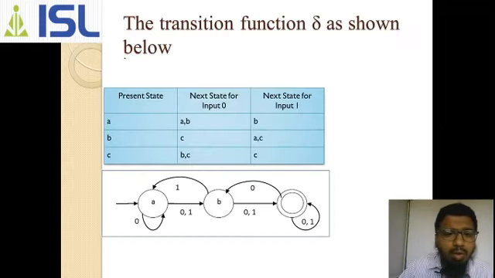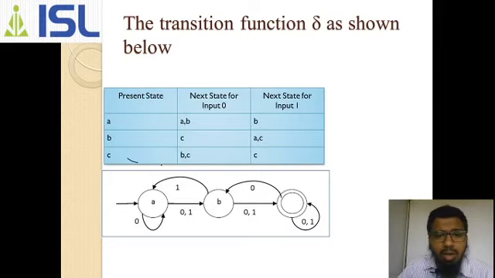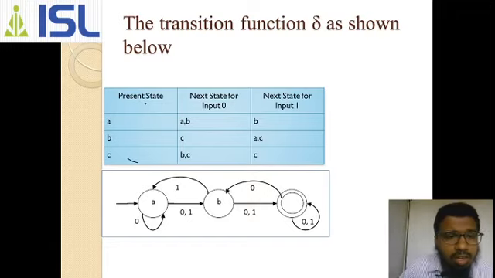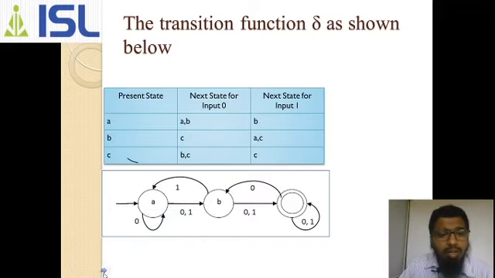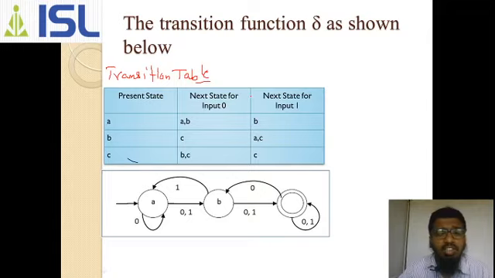Now we need to see this input. Here we need to see the transition table, so we need to change the color. Blue color is there, so click on red here. What is this? This is a transition table, and this is a transition graph.